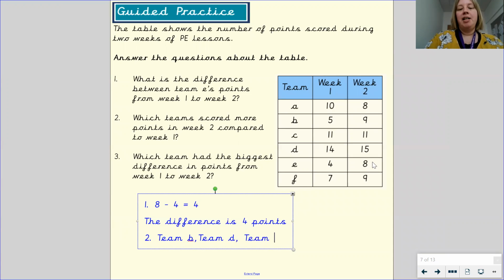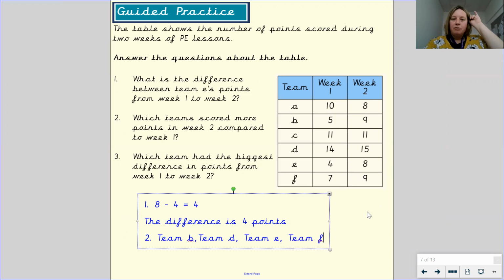So we can also write down Team E. Let's have a look at our final team, Team F. In the first week, they scored 7 points. In the second week, they scored 9 points. Which week did they score the most points in? They had the most points in week 2. So we can write down Team F.